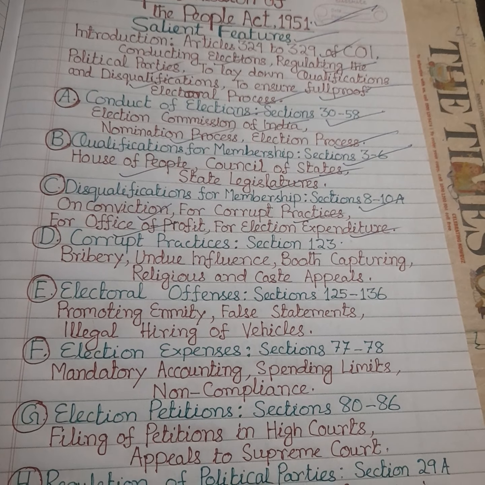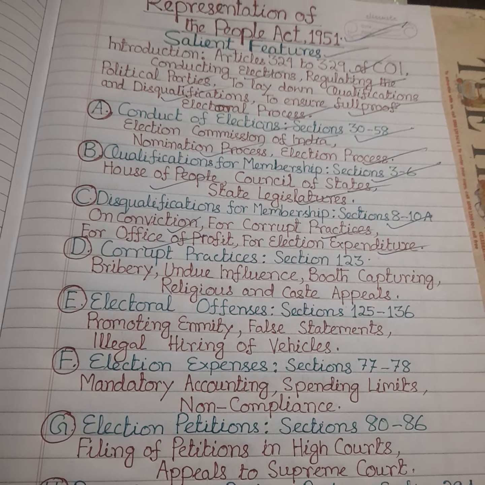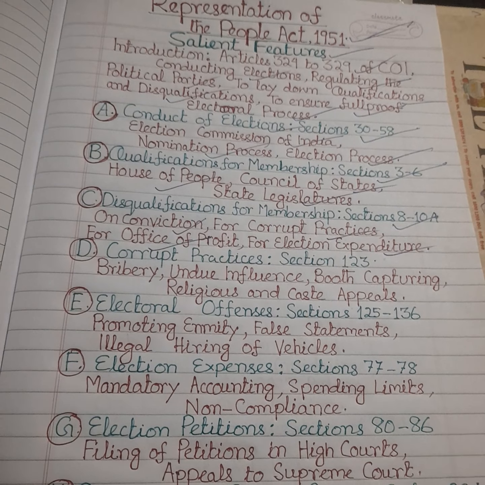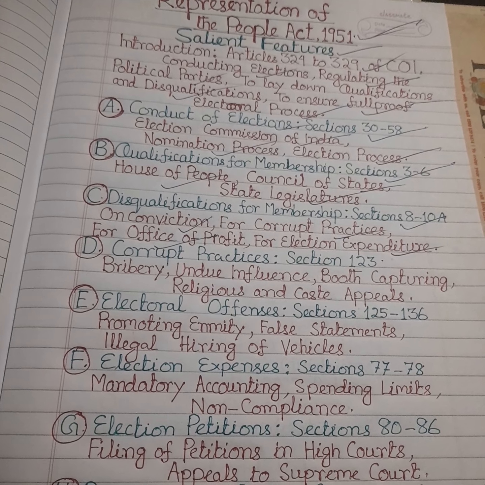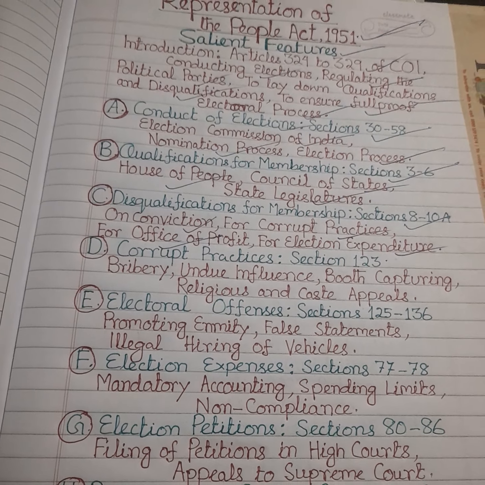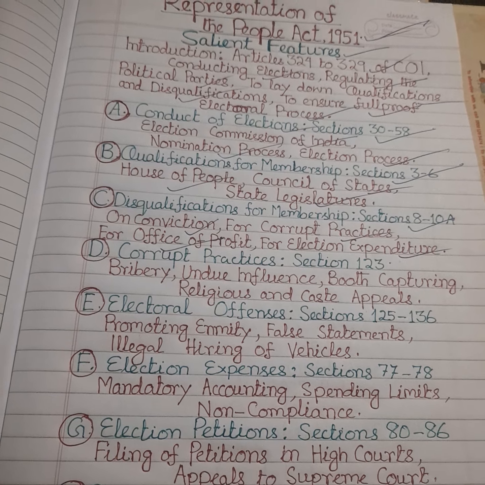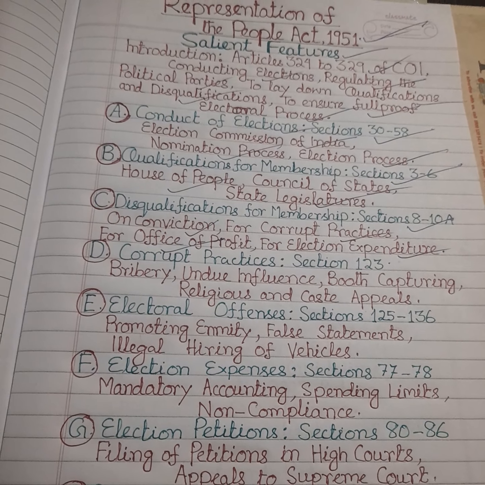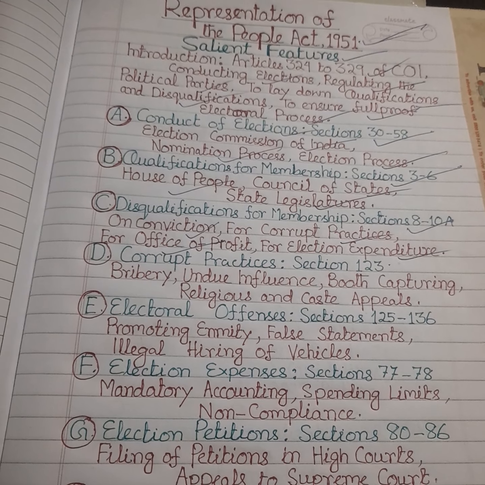Publication of false statements is provided under Section 123, Clause 4. Any intentional dissemination of false information regarding a candidate's character or qualification to influence voters will fall under false statement. This extends the scope of corrupt practices beyond just monetary or physical influence.